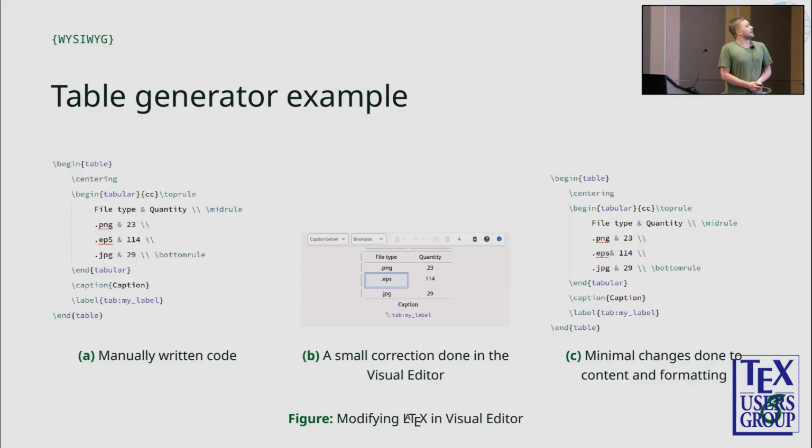So the equivalent example in Overleaf would be I have my LaTeX code written on the left, which shows the same table. I do my modification in the visual editor, and on the right it's essentially the same, but we've changed only the content in the associated cell. And this would apply even if you're changing more than just content.